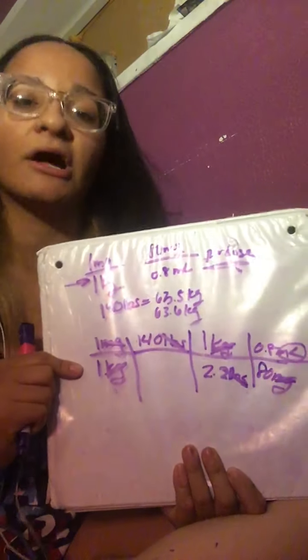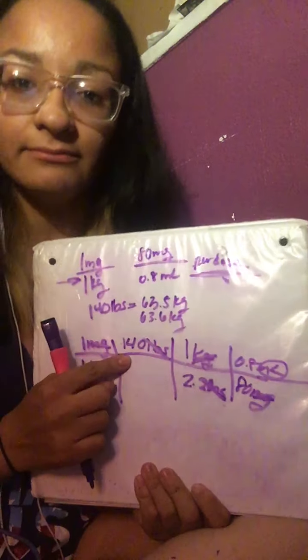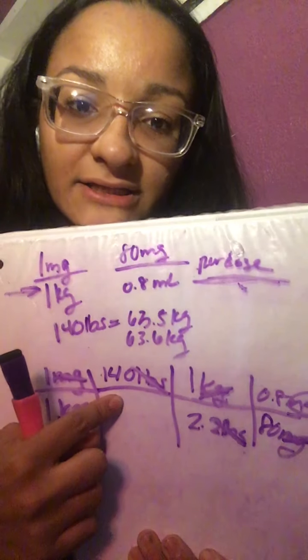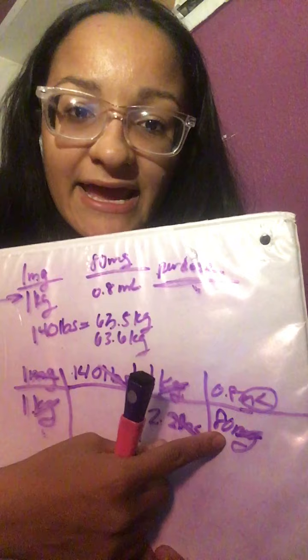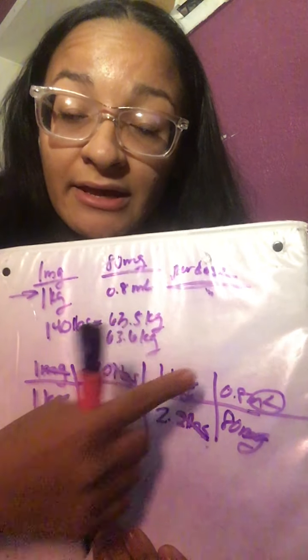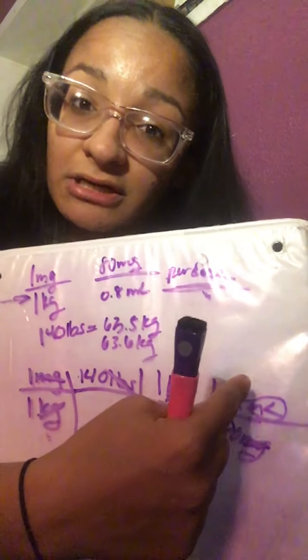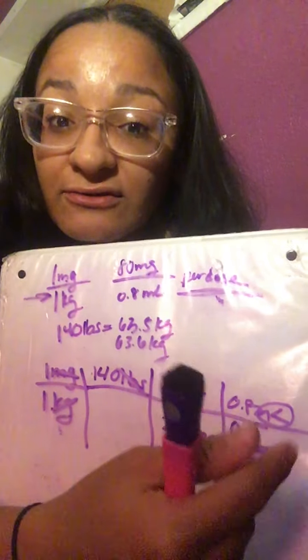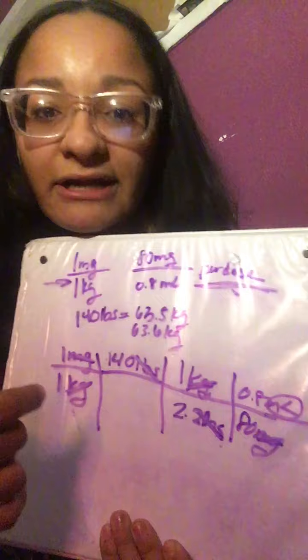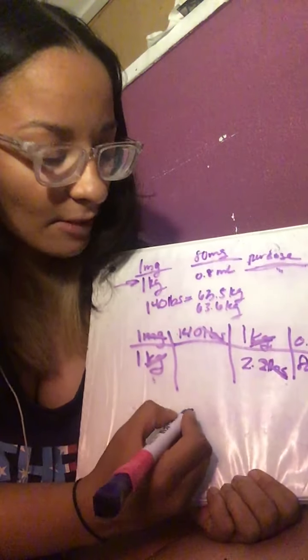Okay? So you're going to do the ones cancel. 1 divided by 1 is 1, right? 140 divided by 2.2 times 1 divided by 80 times 0.8. I could do scientific notation here to cancel out the 8 and some of the 10s. But I'm not going to do that because we're going to have to put it all in a calculator anyways. Just put it in a calculator.